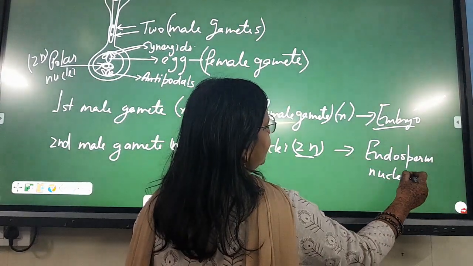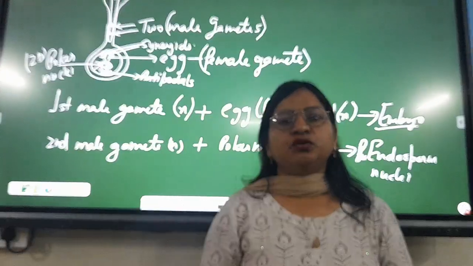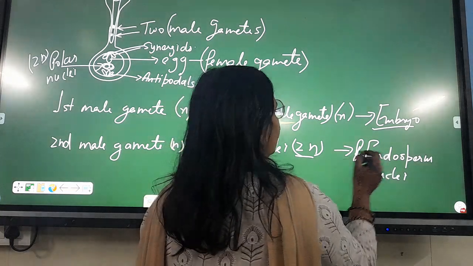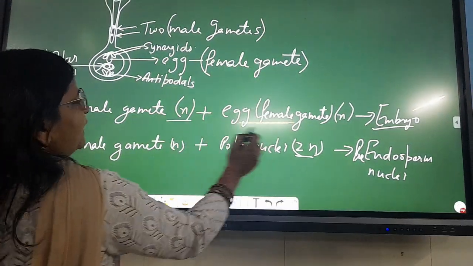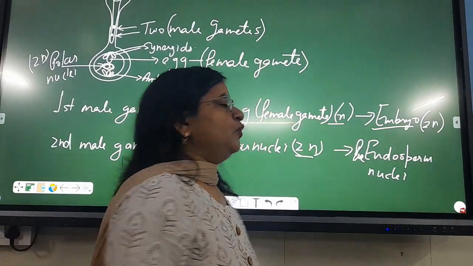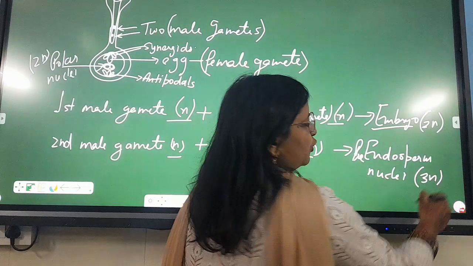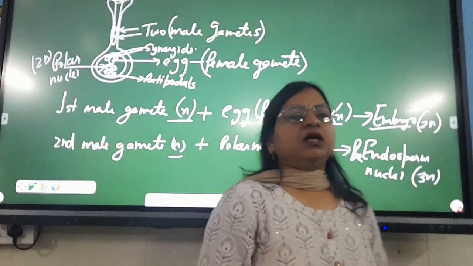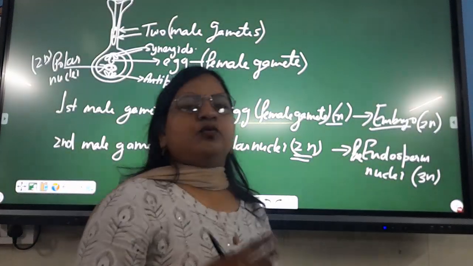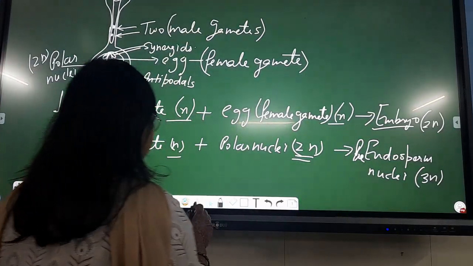The pre-endosperm nucleus will further develop into the endosperm. Here you can see n and n combine to form a diploid embryo, whereas n and 2n form a triploid endosperm.